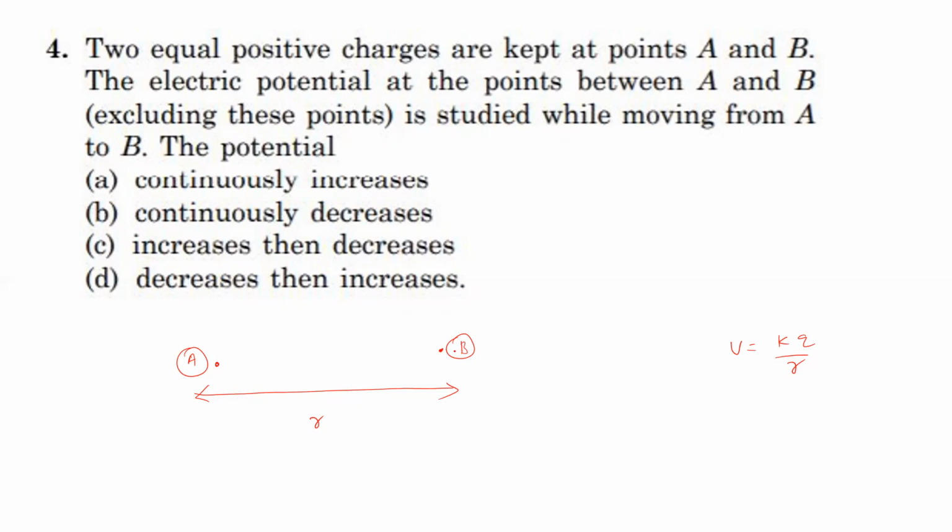That means at point A the potential is very high, and similarly at point B the potential is very high. So when we move from A to B, the potential should decrease and then increase. Then only the potential at point A is very great and at point B also very great. So for this fourth question, option D is correct.